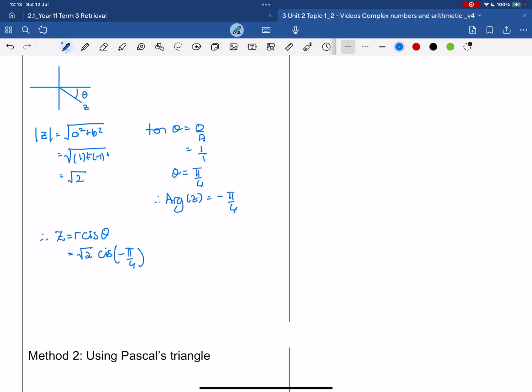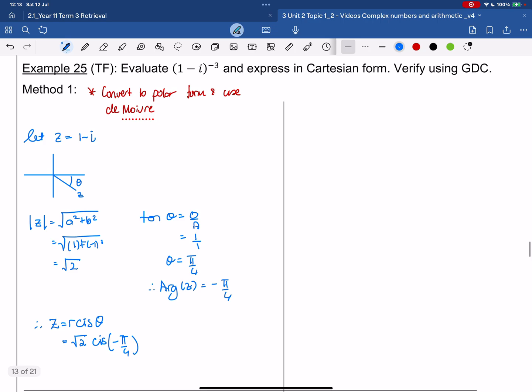All right, so now that's in polar form, and they're asking me to evaluate 1 minus i to the power of negative 3. So what we're looking for is z to the negative 3, which is going to be equal to root 2 cis of negative pi on 4 to the negative 3.